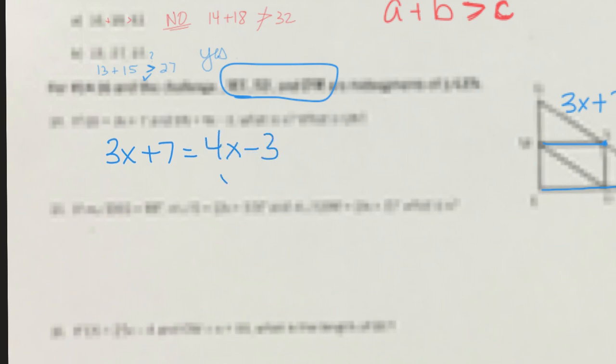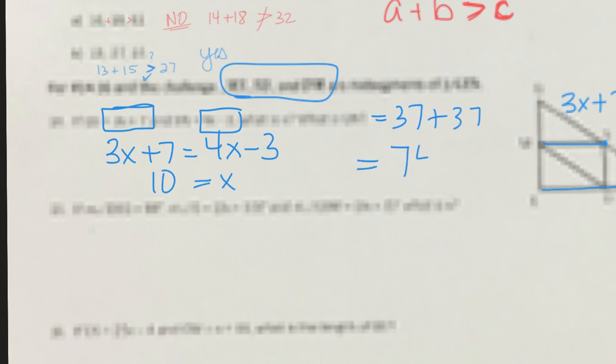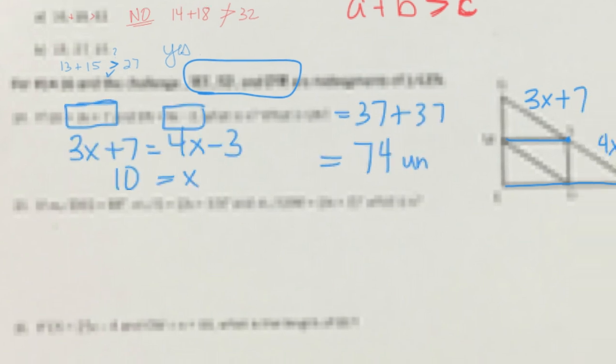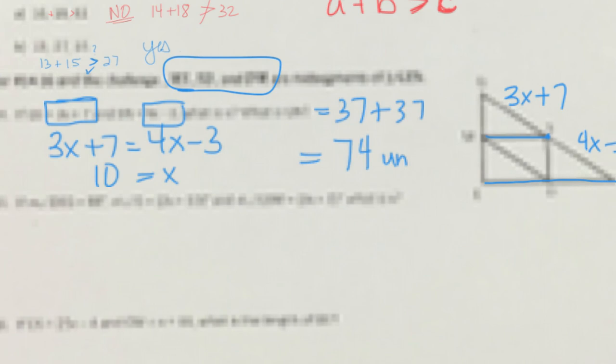And we're solving for x, and it looks like x equals 10. So if x equals 10, plugging 10 back in, 3 times 10 is 30, plus 7 is 37. Plugging it into the other, 40 minus 3 is 37. 37 and 37 is 74 units long, is the length of GN.